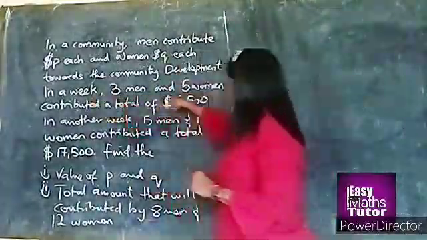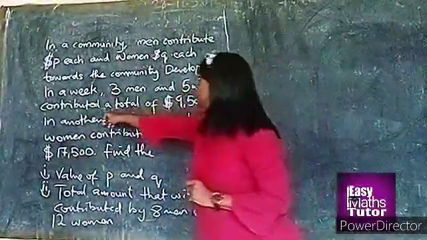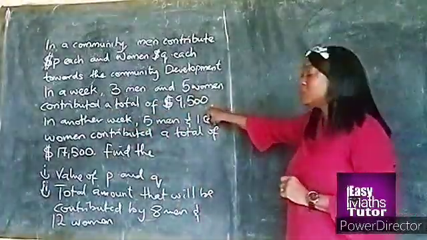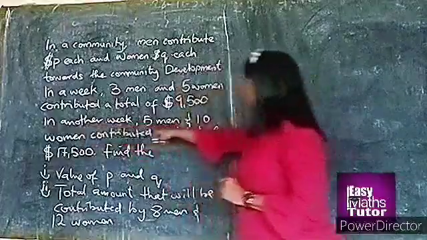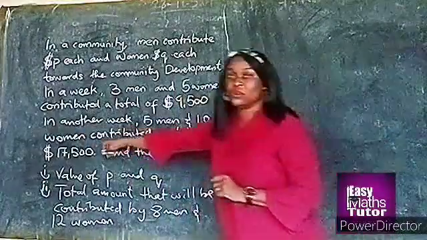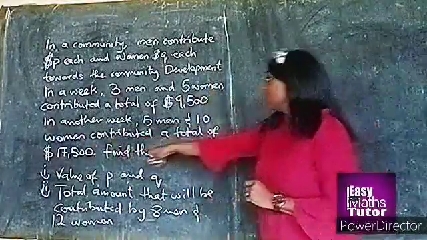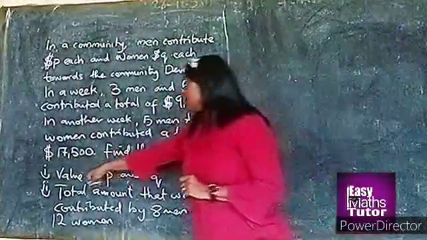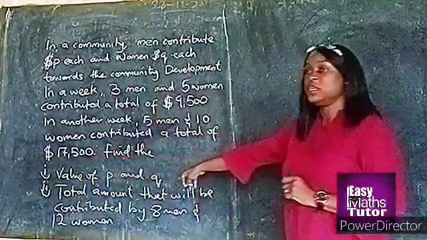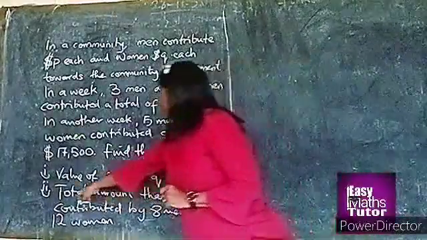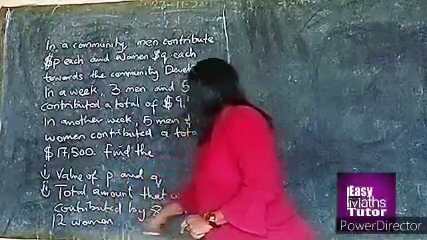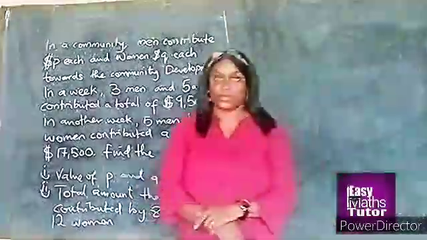In a week, 3 men and 5 women contributed a total of $9,500. In another week, 5 men and 10 women contributed a total of $17,500. Find the value of P and Q, and find the total amount that will be contributed by 8 men and 12 women.